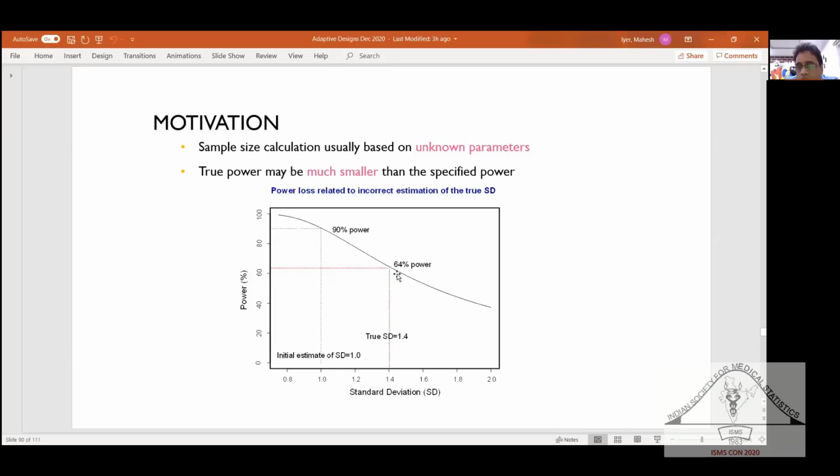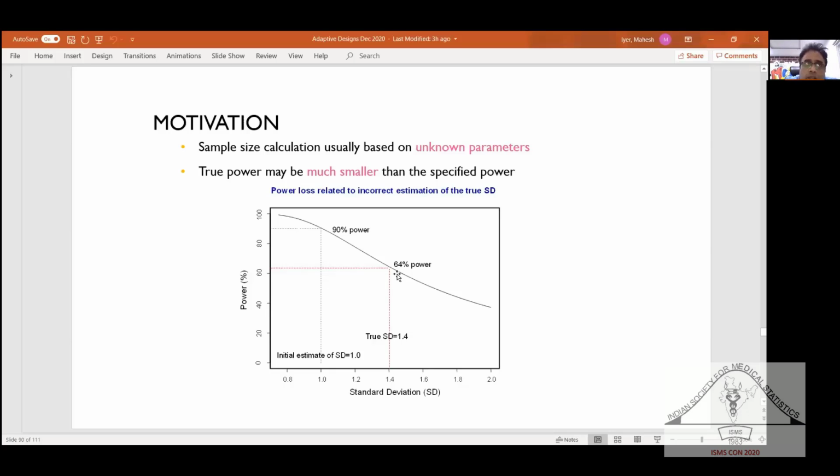So in this case, one of the things you could do is say, you know what, at the interim analysis, I don't want to look at the effect difference. I don't want to find out the difference between treatment A and treatment B. But I'm assuming that both are the same from a standard deviation standpoint.